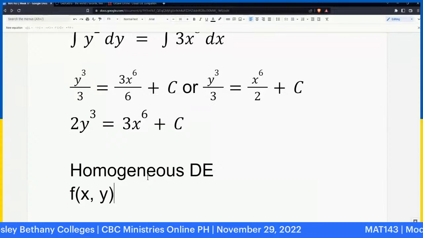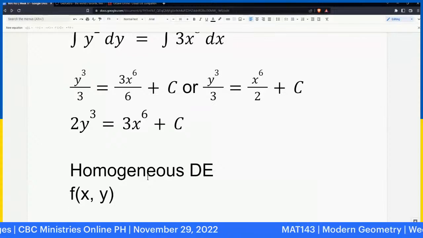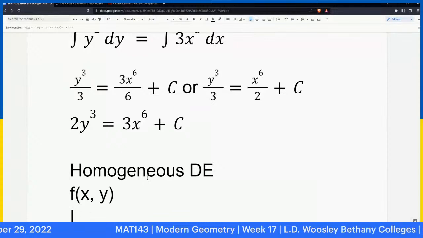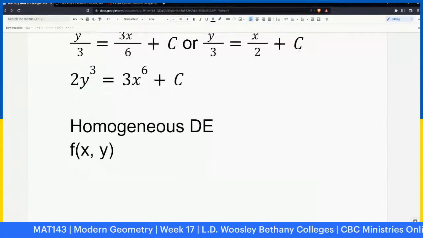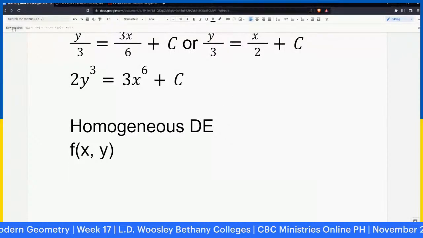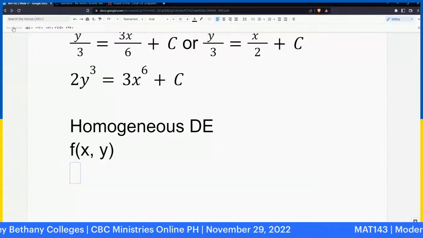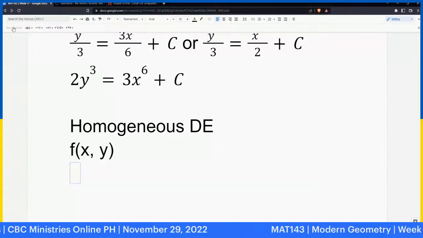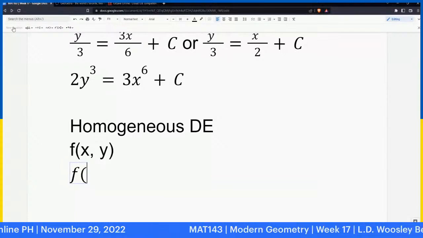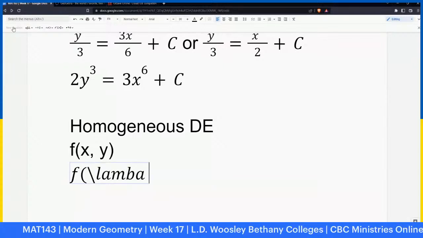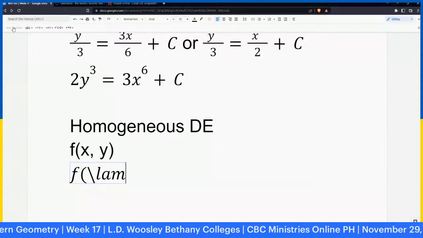It's homogeneous in nature if the f of lambda, wait, I need to switch on the equation. Supposedly, it is a homogeneous equation. We need to test that f of lambda x, lambda y.